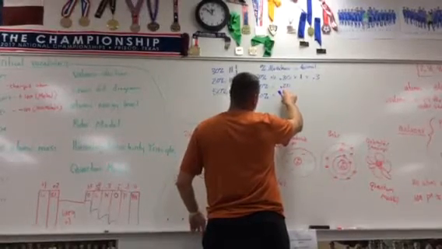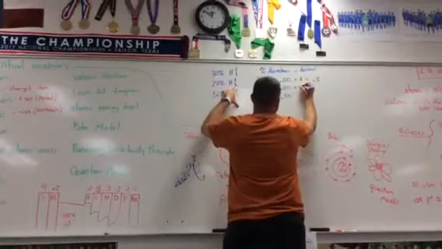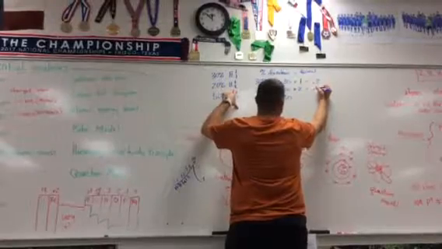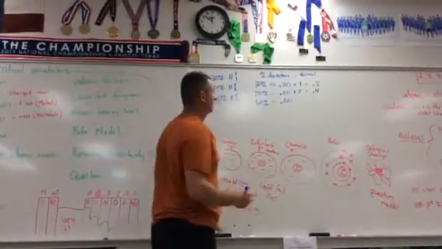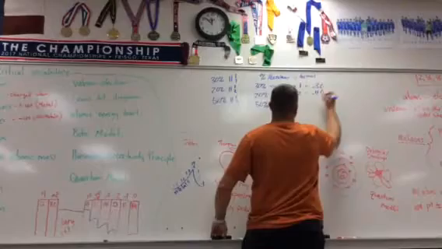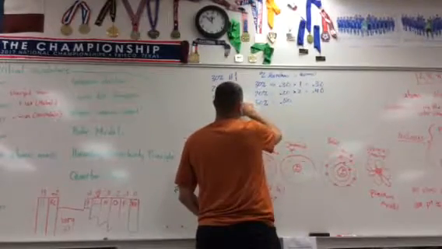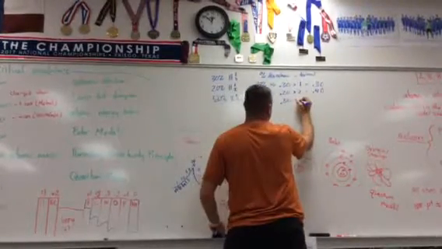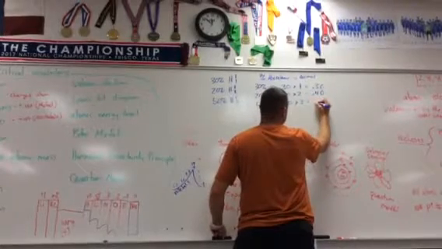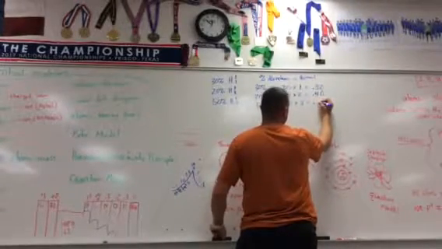Then I take 0.2 times the mass, which is 2, so it's going to be 0.4, or 0.40. And then I take percent abundance, change it to a decimal, times by the mass. Mass of this hydrogen is 3, so it's going to be 1.5, right?